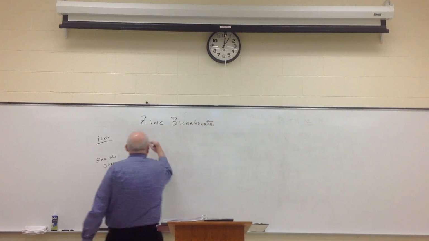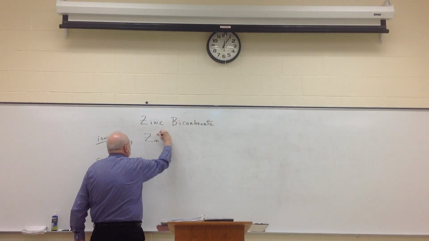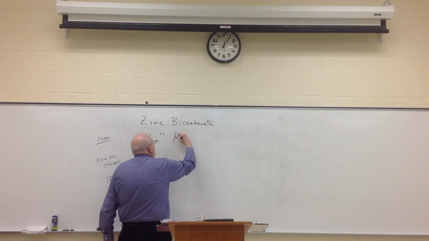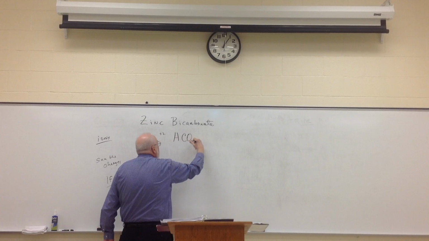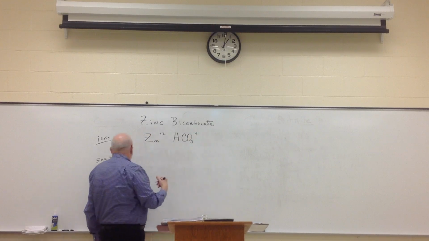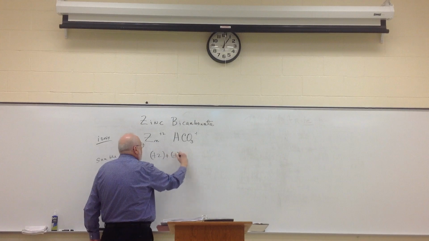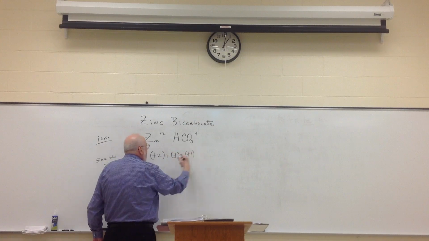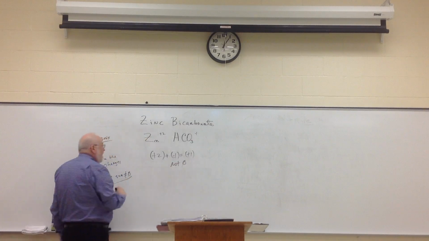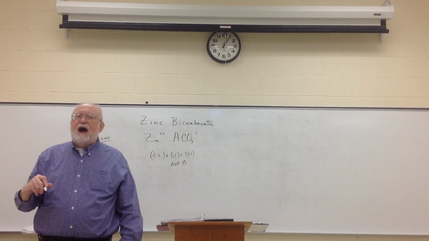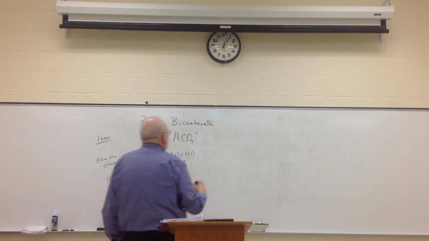Yep, Zn plus 2. And bicarbonate is, yep, HCO3 with a -1. All right, well, let's sum the charges. We've got a +2 and a -1, and that gives me a +1. Not 0, is it? Well, what am I going to have to do? Come up with some trial subscripts, right?